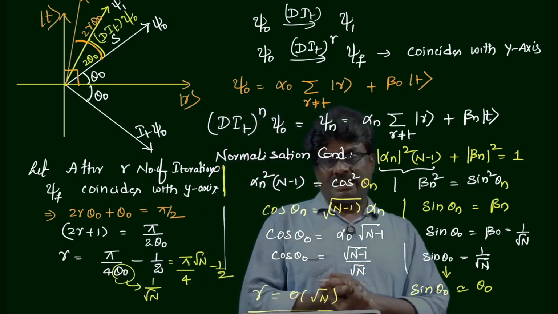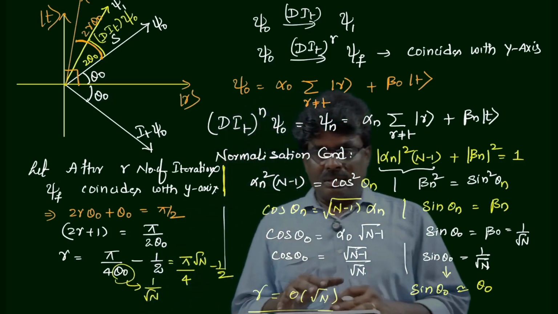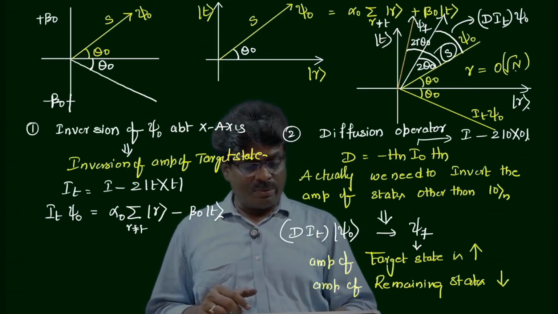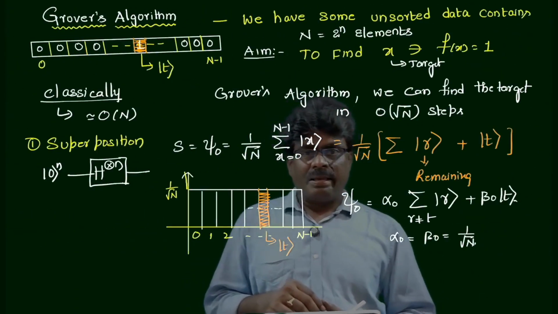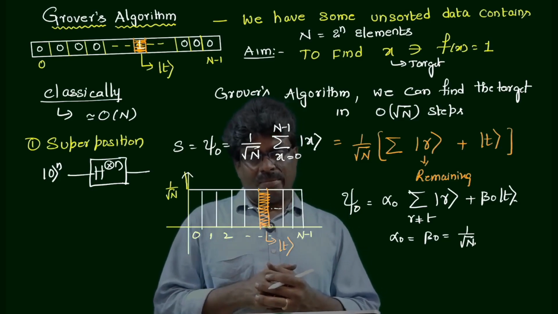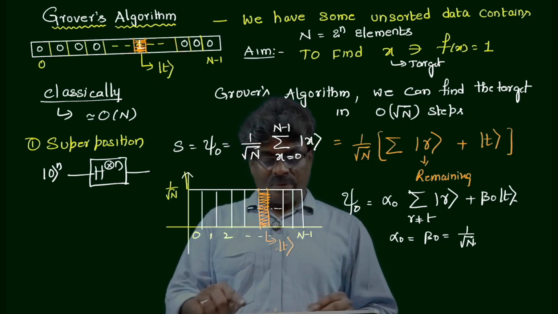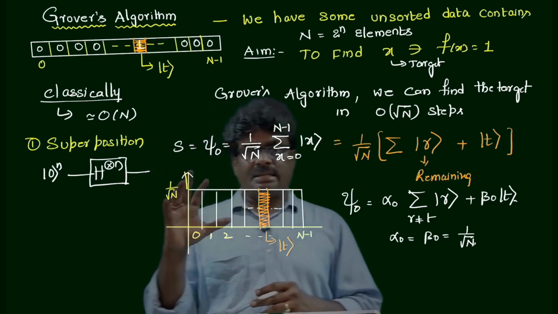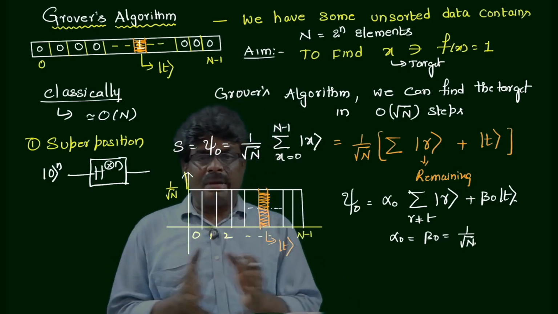I hope you understand this algebra; it's not at all difficult. It's very simple school level algebra, and let me explain briefly one more time. Here we have some unsorted data which contains a capital N number of elements. Our aim is to find the target. First we created a superposition state with all states including the target state. After that, we separated the target and the remaining states.